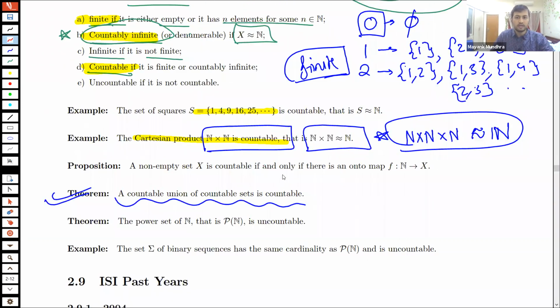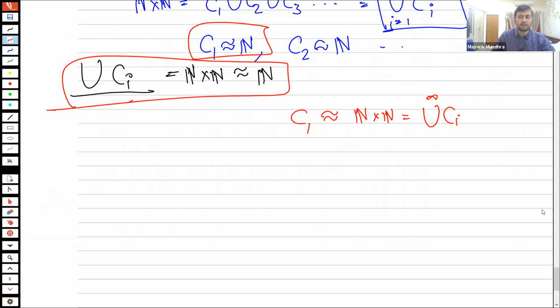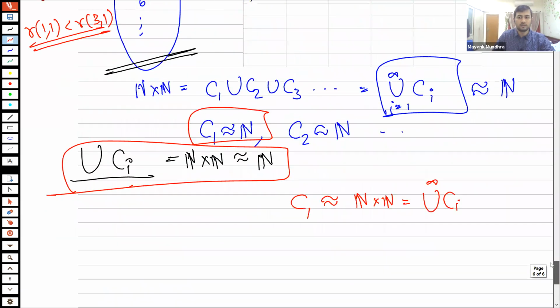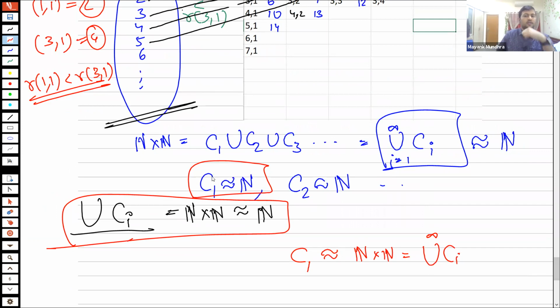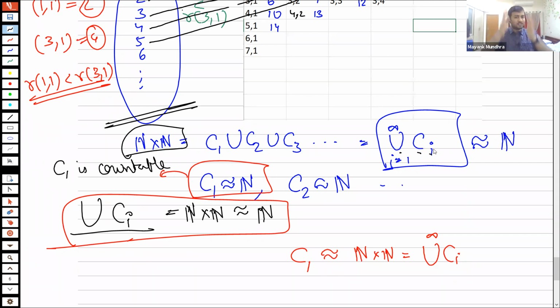Okay, let us look at this particular Excel sheet example. So column 1 has the same size as the set of natural numbers. What this means is that column 1 of the Excel sheet is countable. And the entire Excel sheet is just the union of all such columns. Each column in itself is countable, and you have a union of these columns.